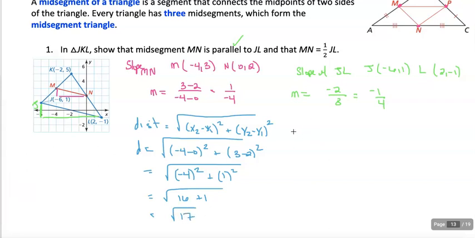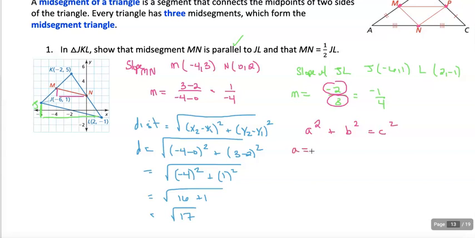Alright, and then the next one here, I'm going to do this with the Pythagorean theorem. So remember, the D here is really your C value in the Pythagorean theorem. When I found the slope, I saw the rise was -2 and the run was 8. So if I'm going to use the Pythagorean theorem on this one, just to keep everything fresh in your mind, a squared plus b squared equals c squared.